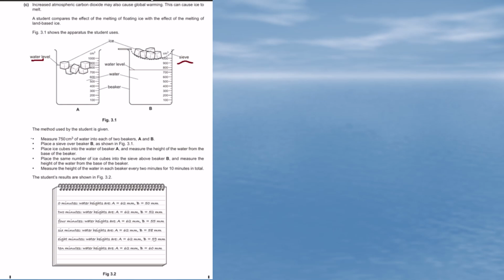What are they asking about? But again, it's important to read through everything here, like how they're using the same number of ice cubes, having the same amount of water, but here the ice is floating, and up here the ice is elevated and is hanging in a sieve.